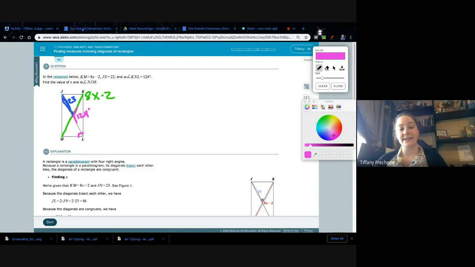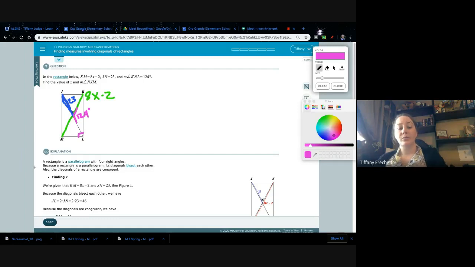So if it cuts this in half, then all the halves are the exact same, because if JL is the same as KM, meaning that's what congruent means, and I cut the exact same length in half, then if JN is 23, KN has to be 23, LN has to be 23, and MN has to be 23.